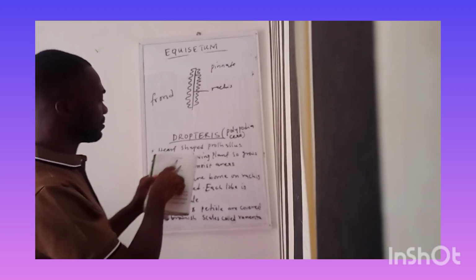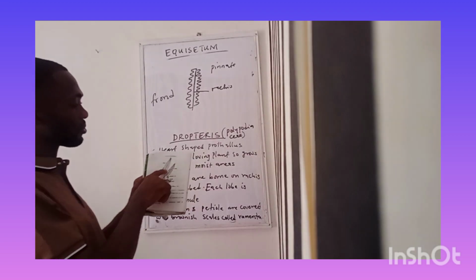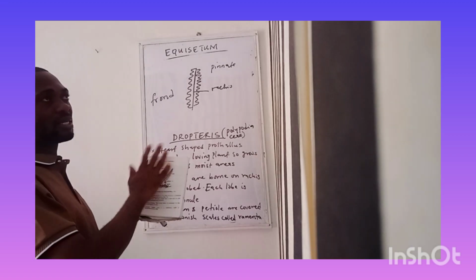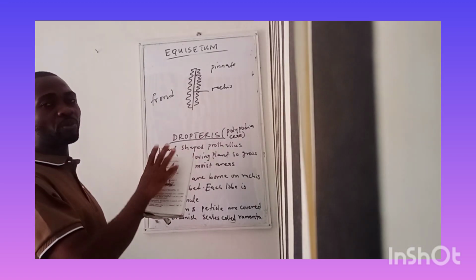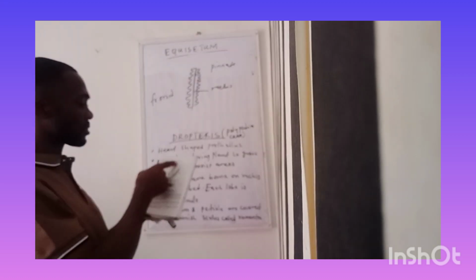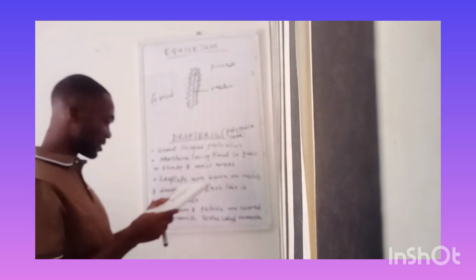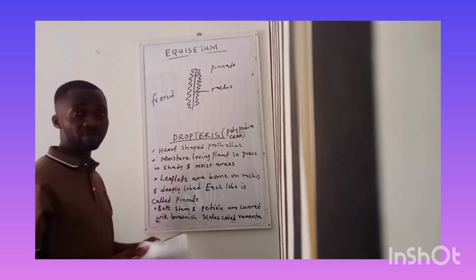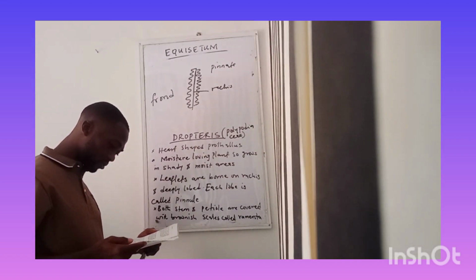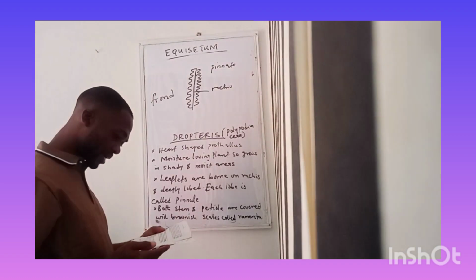You can see how the frond appears: it is deeply lobed, and it occurs at opposite sides, and that is why it's said to be pinnate. And of course, the rachis is the central midrib that the leaflets are attached to.